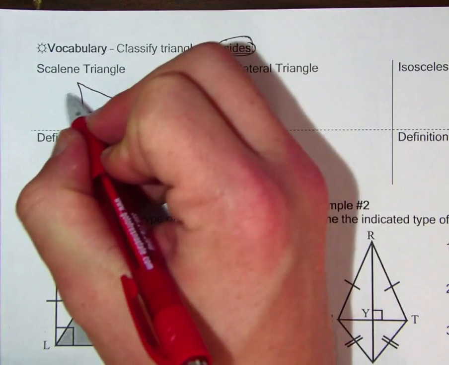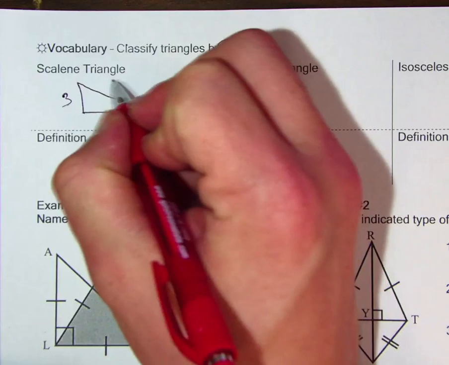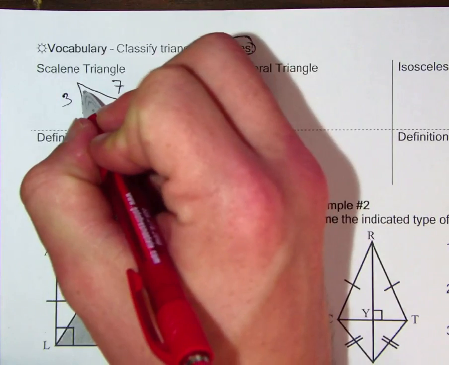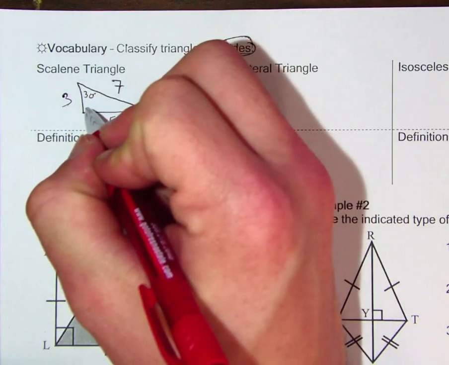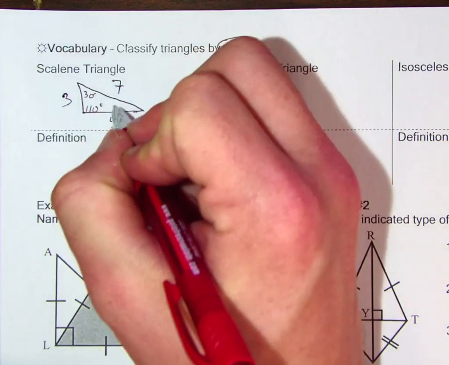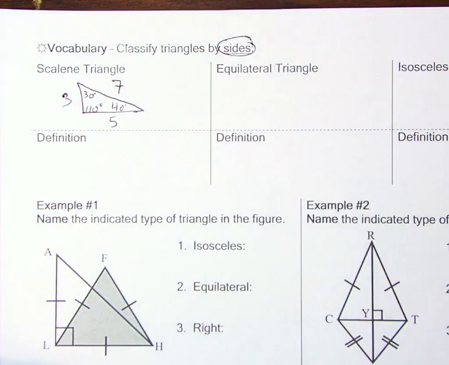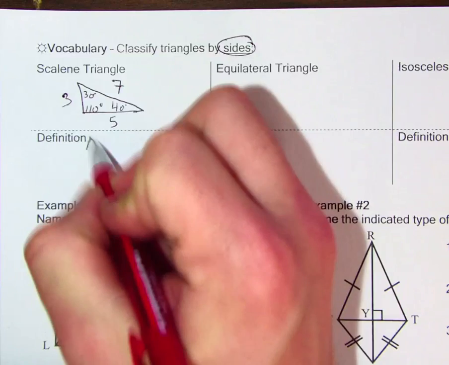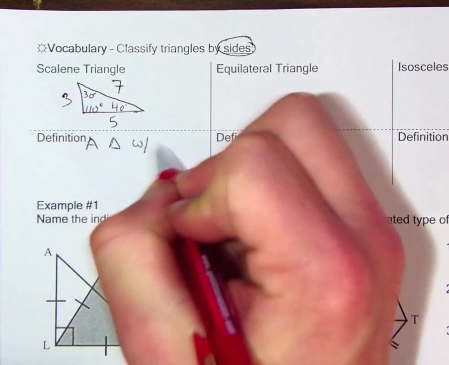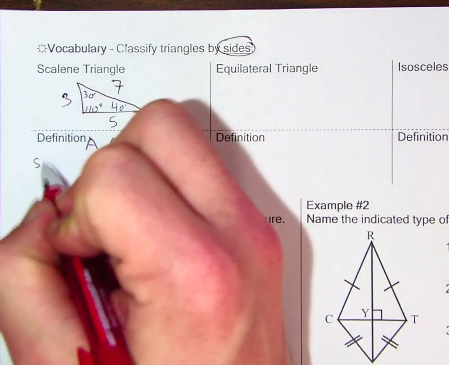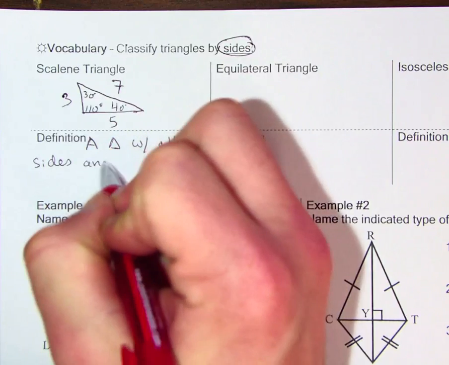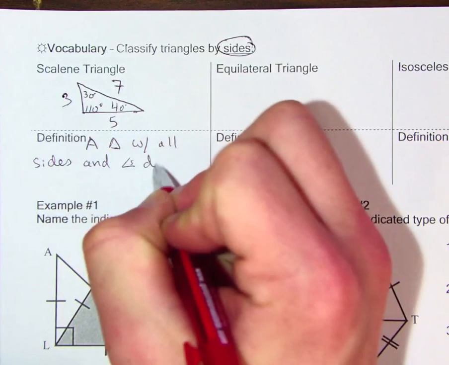Maybe this side is 3, this is 5, this is 7. Who knows, maybe this is 30, this is 110, this is 40. But it's a triangle with all sides and angles different.